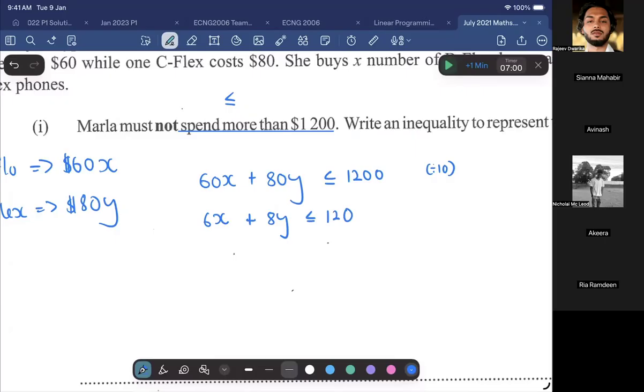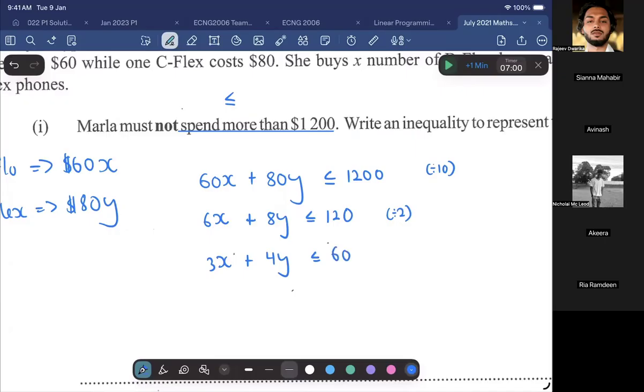Could we simplify that further? I think we could. What could go into 6, 8, and 120? 2. And so we could divide throughout by 2. 2 into 6 is 3, because 2 goes into 6 three times. 2 into 8 is 4, and 2 into 120 is 60.